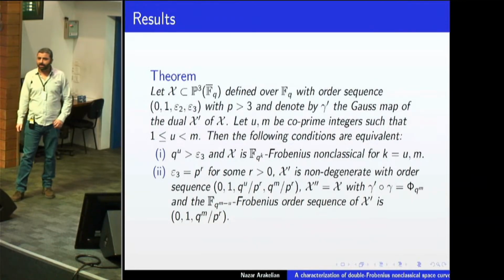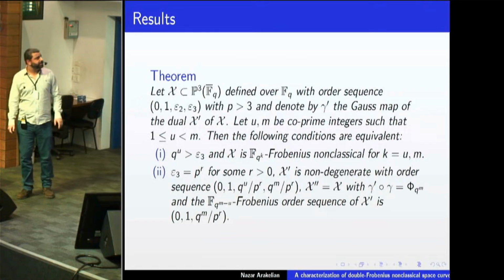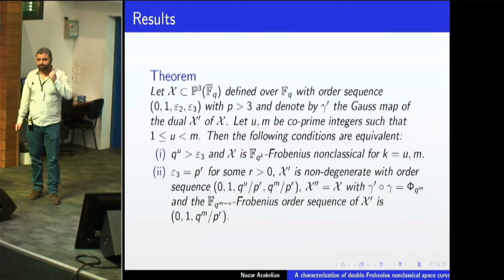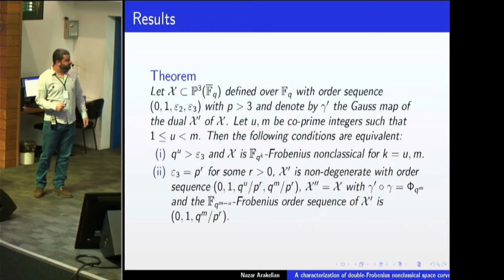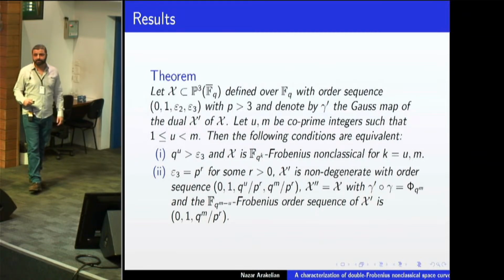So we have somewhat of a characterization of double Frobenius non-classical space curves. And just to finish, a remark: thanks to a result by Professor Roma, you see here the orders. In this case, when your curve is Frobenius non-classical with this condition, then you have this order sequence of the curve, and epsilon 2 and epsilon 3 are both powers of p.